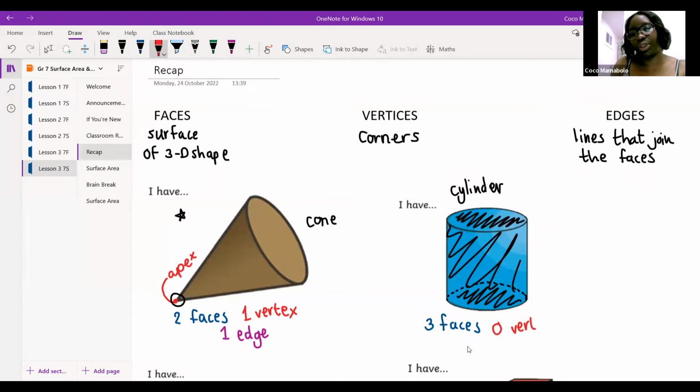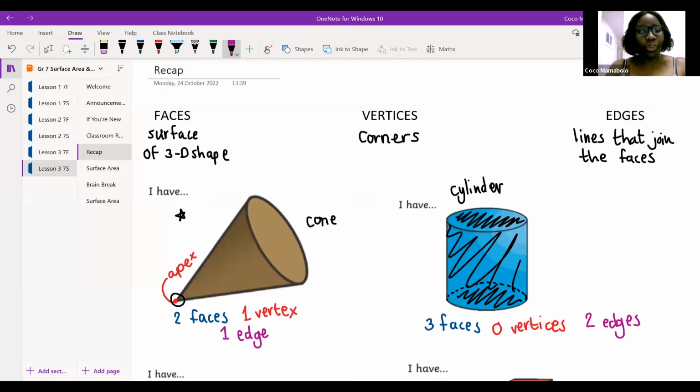I don't have any vertices because there are no sharp points on my shape. Last one. How many edges do I have? Excellent. I've got 2 edges. Very well done, guys. I can see you get the idea.